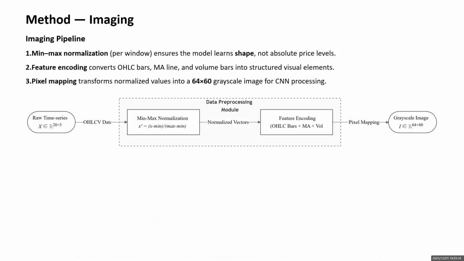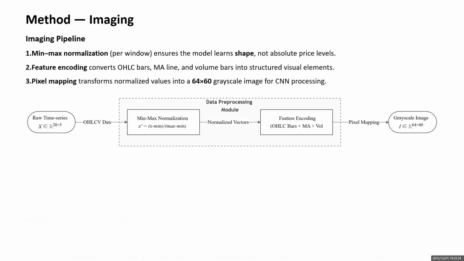And here's how we convert raw time series data into images. We start with a 20-day window of OHLCV data. First, we apply min-max normalization so that the model learns the trend shapes, not the absolute prices. Then we encode the features: OHLC bars, the moving average line, and the volume bars.